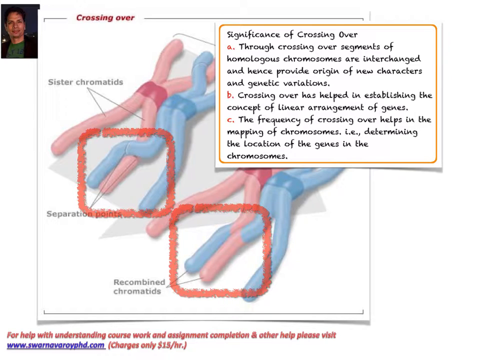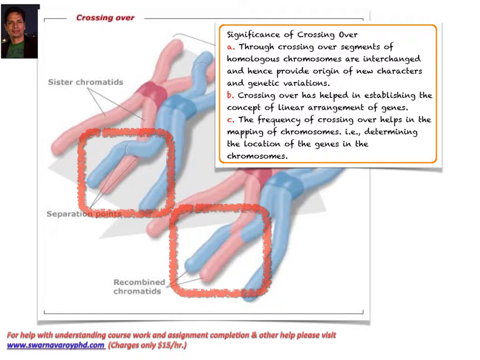And that's why our species keeps evolving. And if there were no genetic variation, no crossing over, then we would cease to exist. So this is the most important mechanism or step, which is preserving our species, you can say.